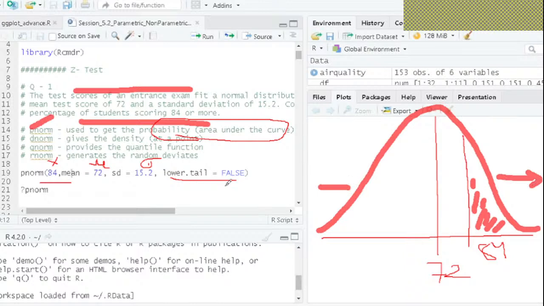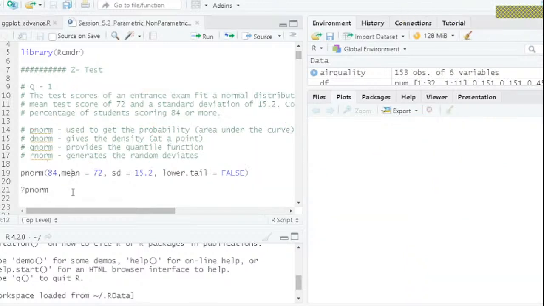So if it is on the upper side, you'll mention lower tail equal to false. If it is on the lower side, you mention lower tail is equal to true. Is that clear? And what will you get when you run this? You will get the probability of 84, this shaded region. Okay? So let's run a P norm.